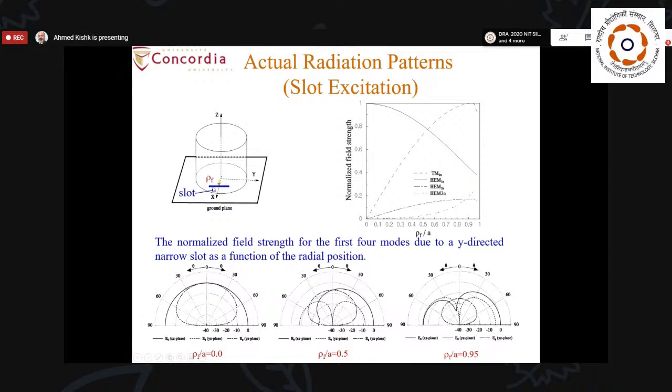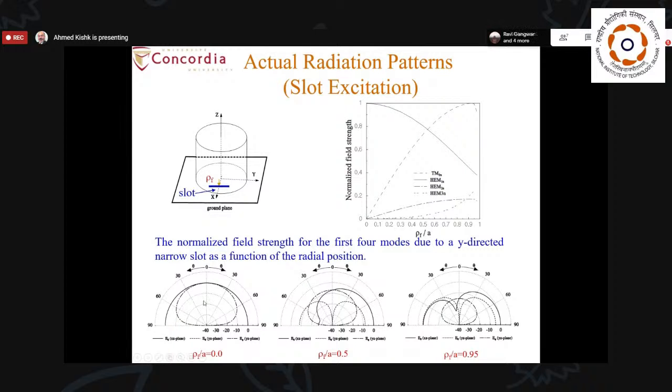If I use a slot, for example, if the slot is exactly on the axis, let us say along the y-axis over here on the center, you can see it is only coupling to the HEM11 mode. So its strength is very strong, while the other modes have no contribution. But once I move off from the center, you will find that the zero order mode is getting excited, and other higher order modes are also excited.